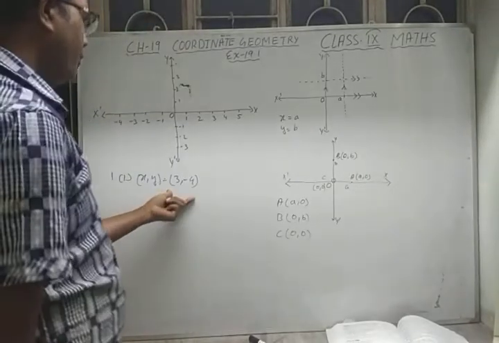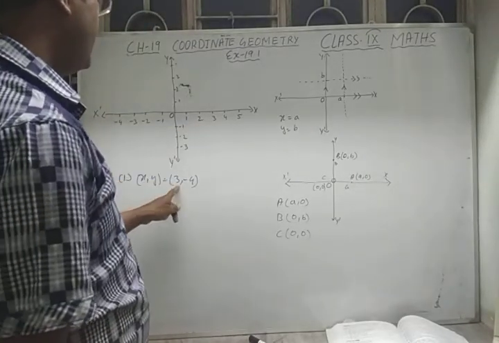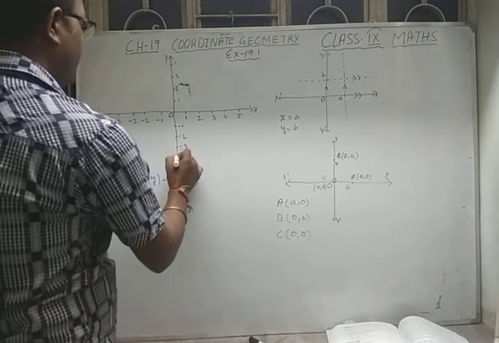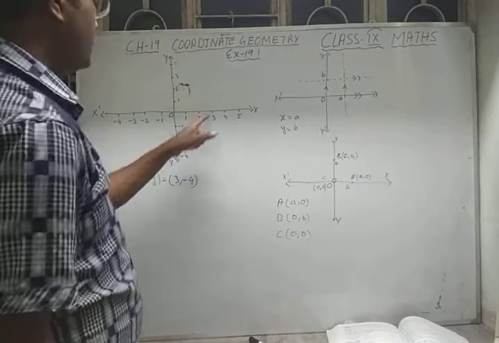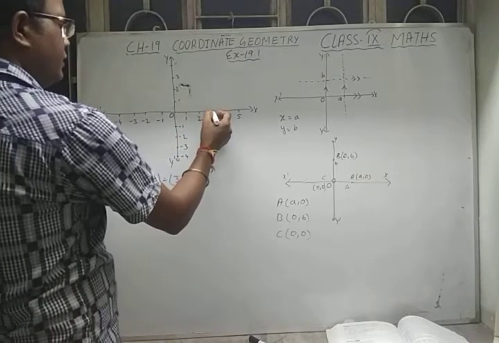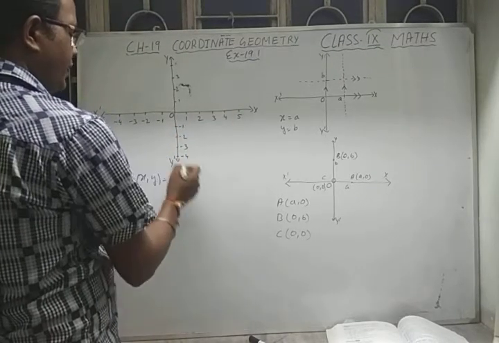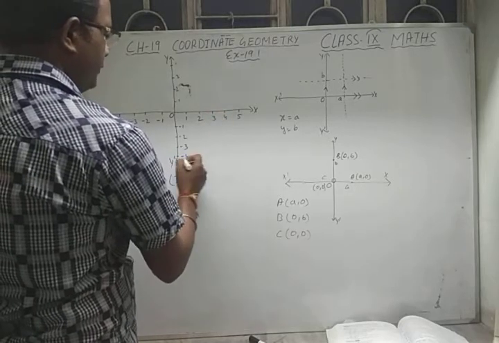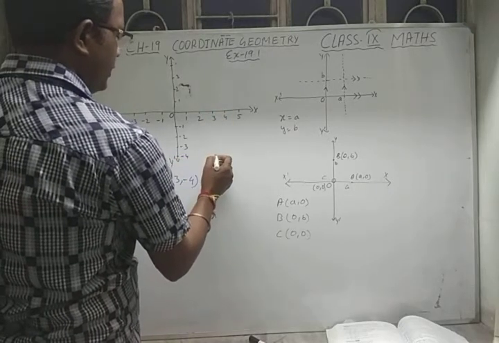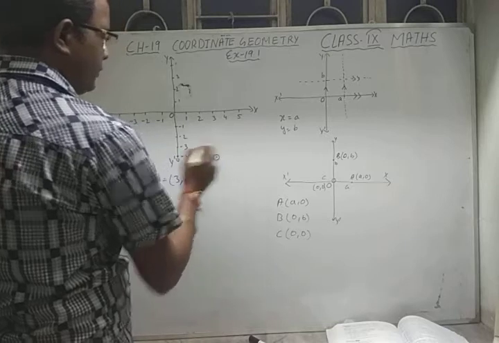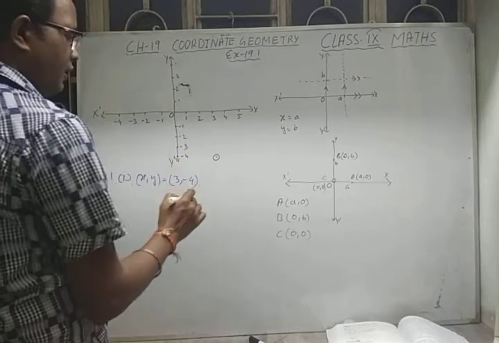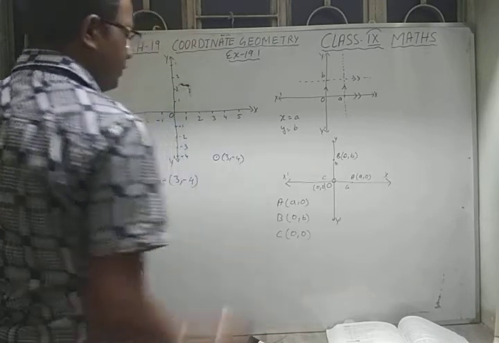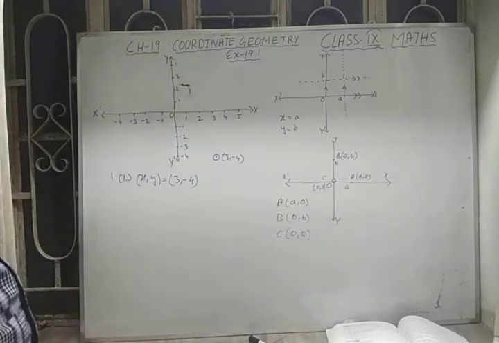Now if you want to plot it, since x is 3 and y is -4, you need -4 here. So the point will lie where x is 3 and y is -4, there. Draw the perpendiculars, and the point will lie like this. You have to mark the point and make a circle around it, then write the coordinates (3, -4) like this.